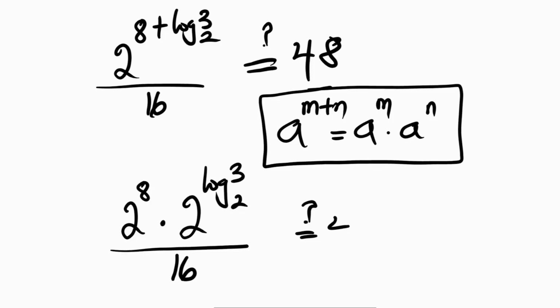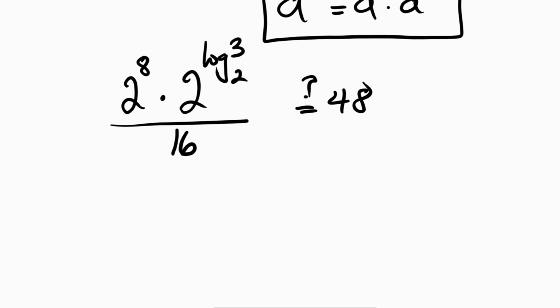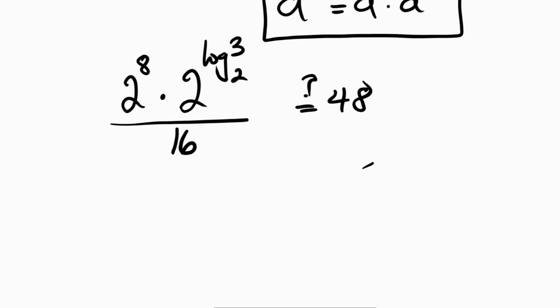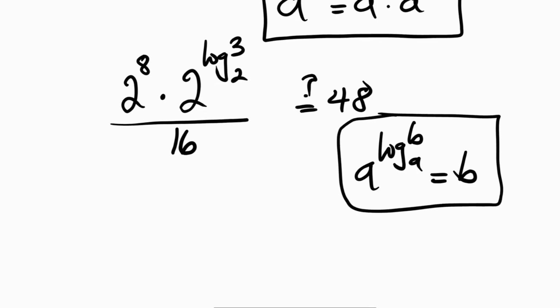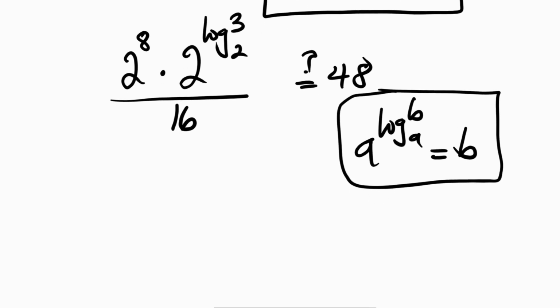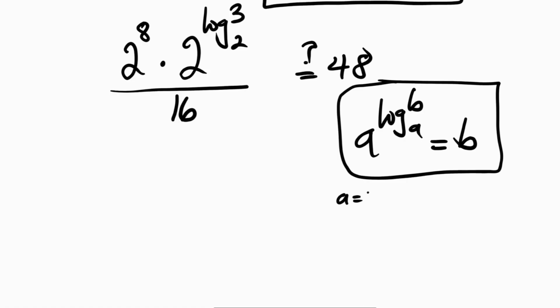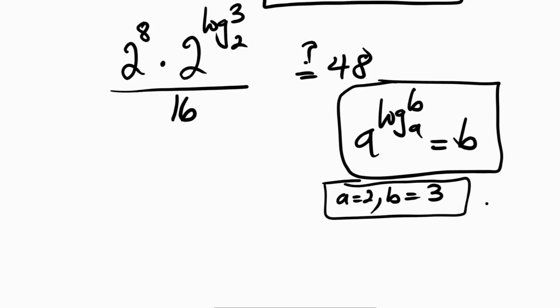And let's see if that's going to be equal to 48. Now we know that a raised to the power log of b base a is the same thing as b. So for the left-hand side where we have the log, that means our a is equal to 2 and our b is equal to 3. That's what it means, right?